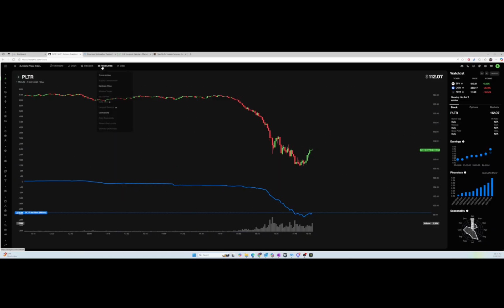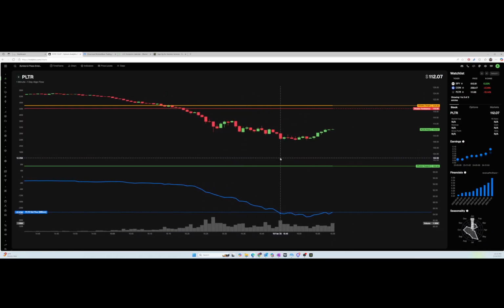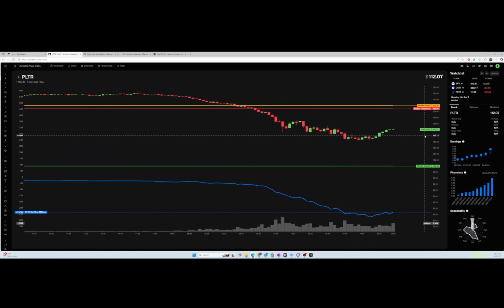Let's look at the price levels. Let's look at whale levels and what whales are really targeting. I'm not sure if you're able to see this, but this yellow-orangish colored line on top is a whale's target of $120.